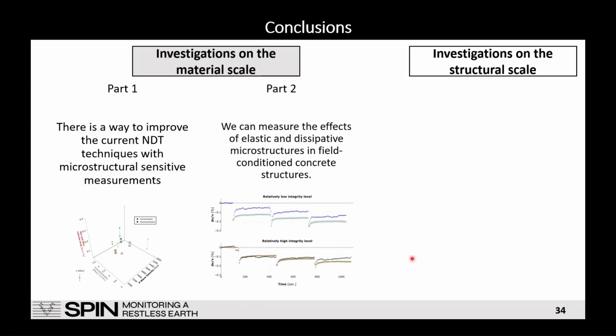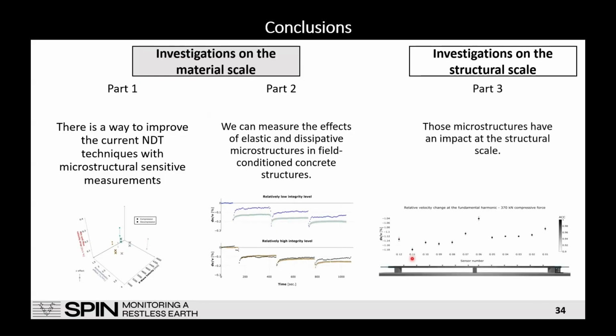The microstructures that we identify in the first part have a dissipative and elastic nature. So we can suggest to some extent what is the nature of the transient and tensile microstructures that we are observing.